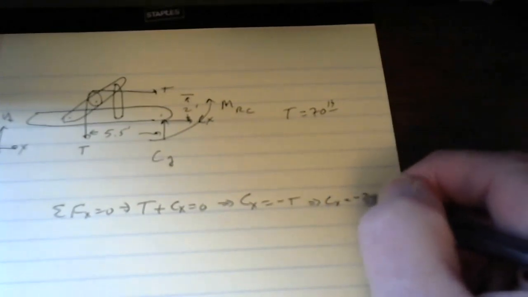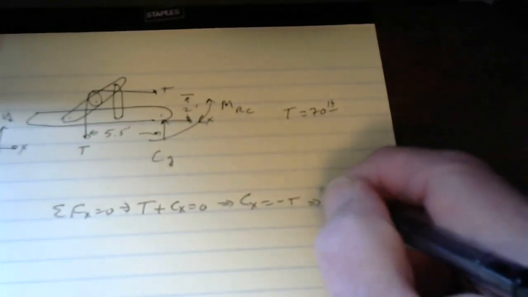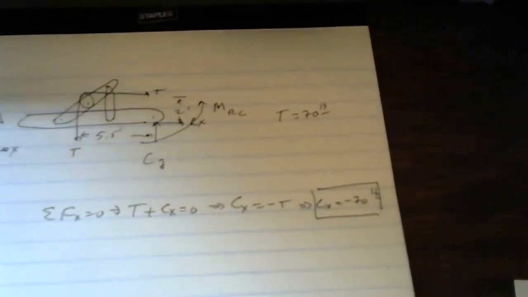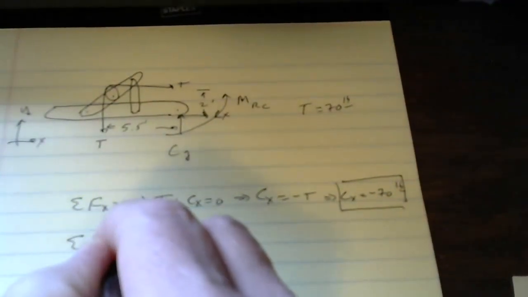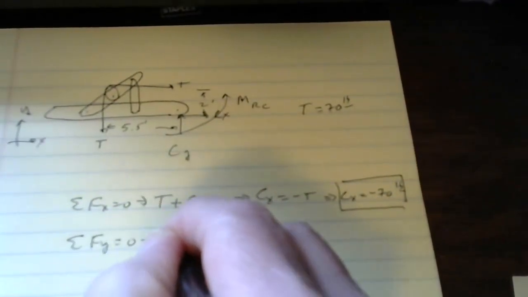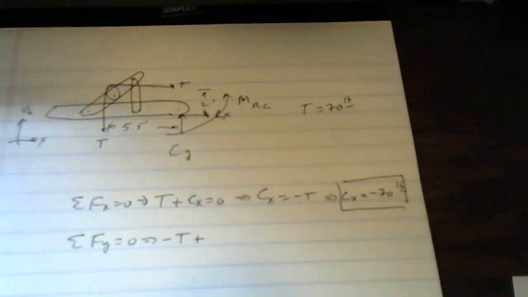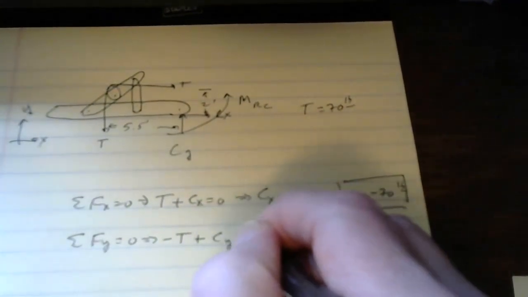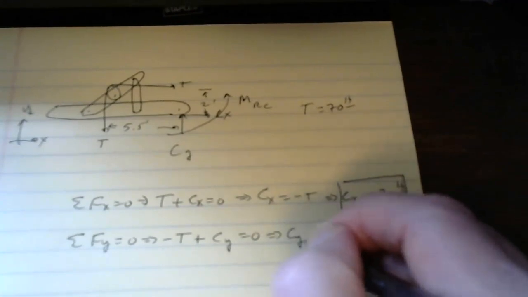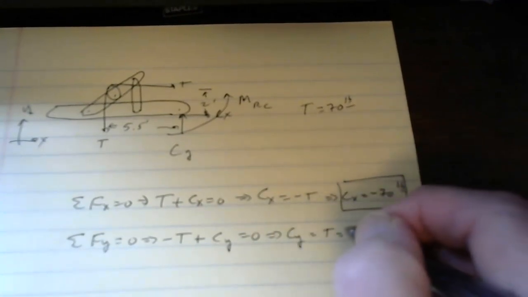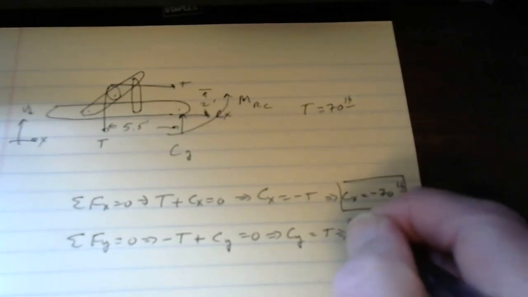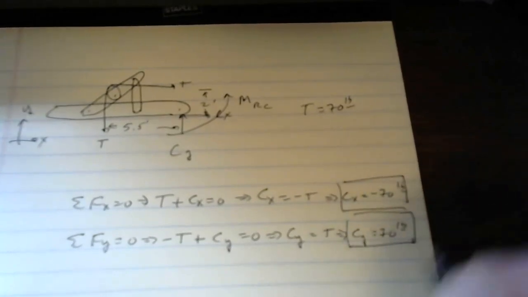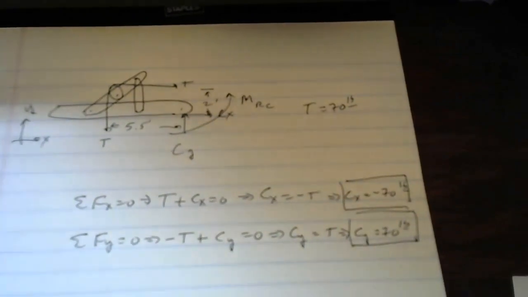Again, the negative sign simply means, as always, it's going in the opposite direction to what I assumed on the free body diagram. Sigma Fy is equal to 0, so I get minus T plus Cy is equal to 0, so Cy is equal to T, which is 70 pounds. Okay, so there are the 2 components of the reaction force at C.